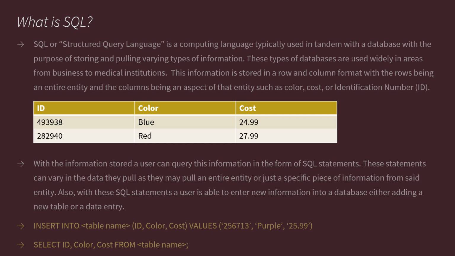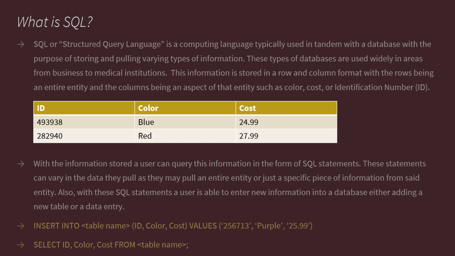And here we can actually see the format that it's stored in, with ID, color, and cost being the individual columns that a database has, and below you can see an entry into the database, the row with 493938, blue, and 2499 being a specific entity or entry in the database.